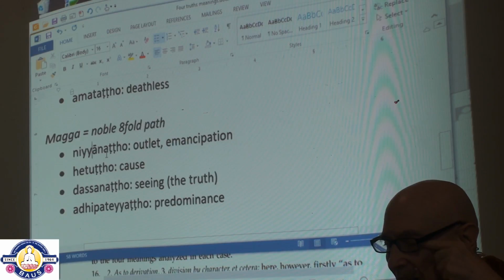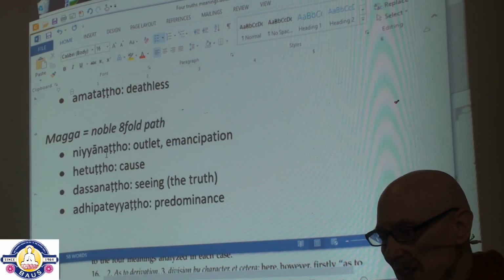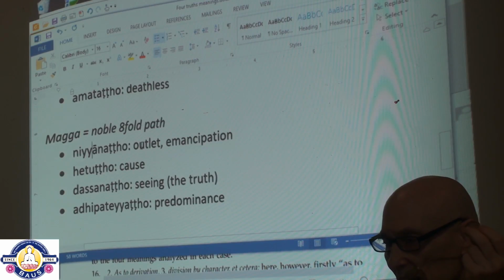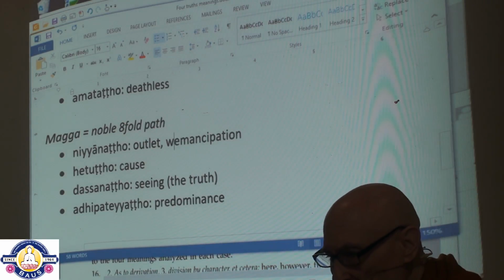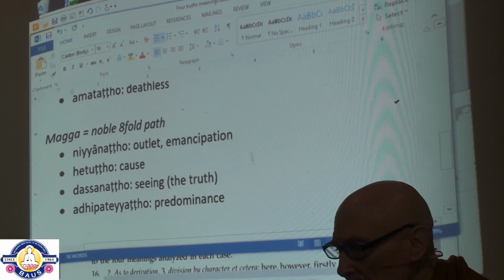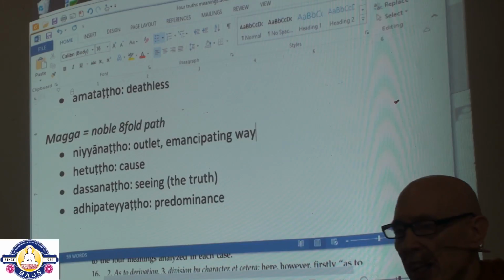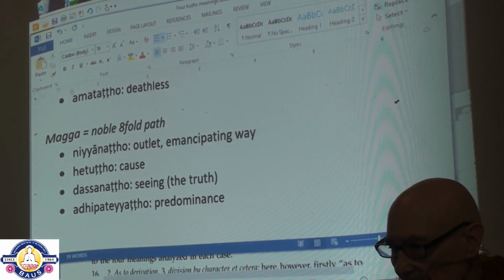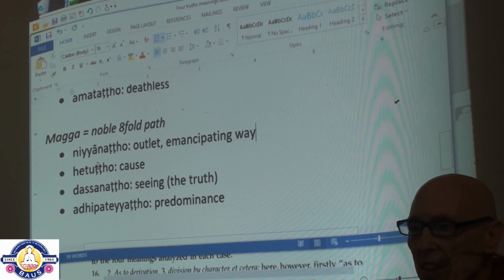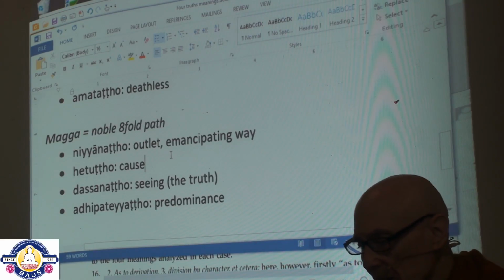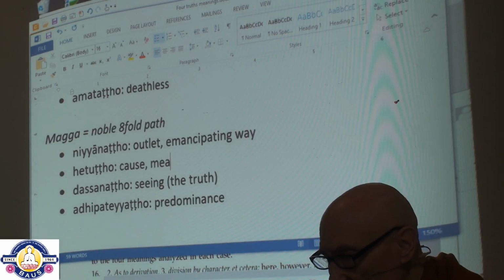So this is the way out from dukkha. So it's the outlet, I would say it's the emancipating way, rather than emancipation itself. The emancipating way. A second nuance is that it's hetu, it's the cause, or maybe we could say the means to liberation.